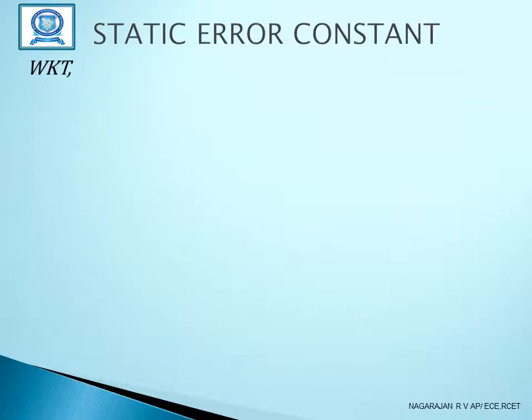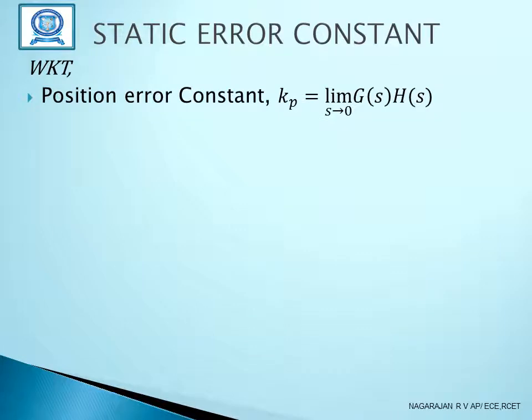Now the first part. We know the position error constant. Position error constant Kp is equal to limit s tends to 0 of G(s) into H(s). We know that formula. We know the G(s) value, so substitute that G(s) value.